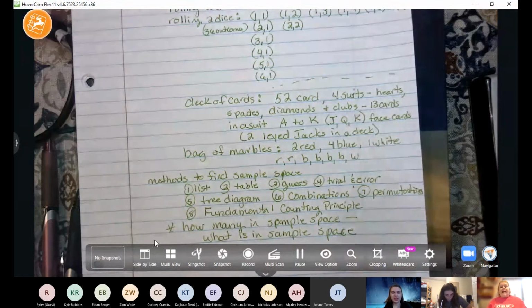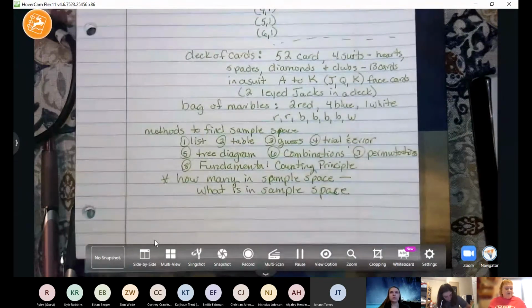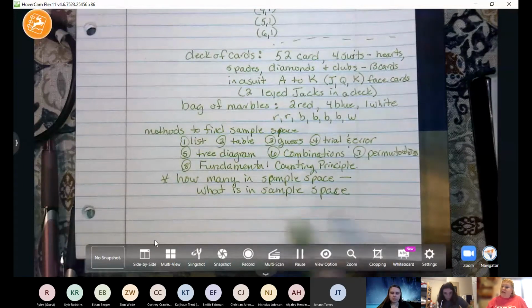So each technique has an advantage over the other. If you just want to quickly find out how many items are in the sample space, one method might be better than the other. If you want to find out exactly what the sample space is, then another technique might be better.